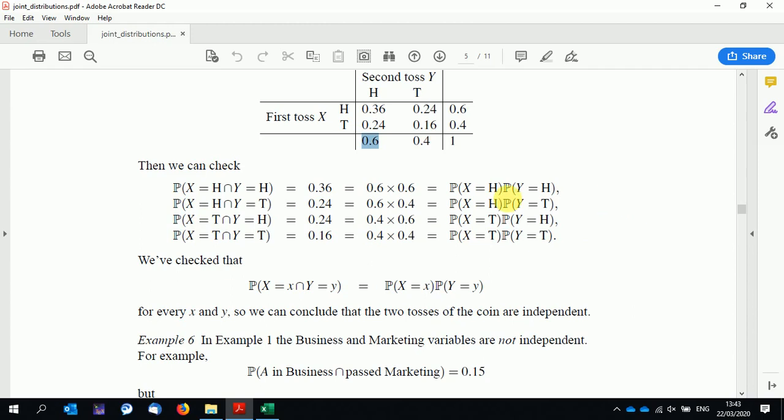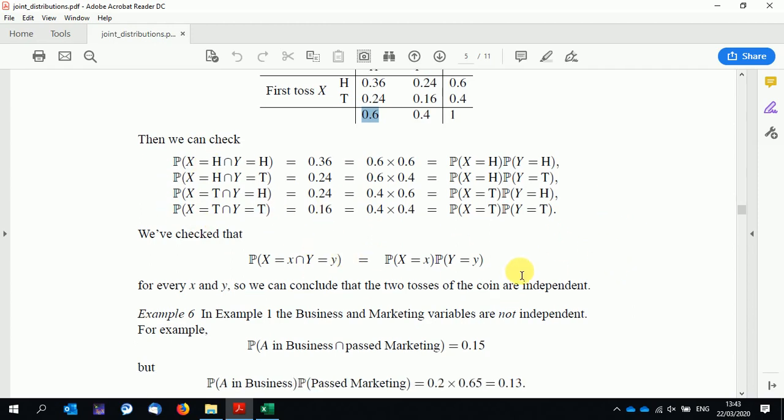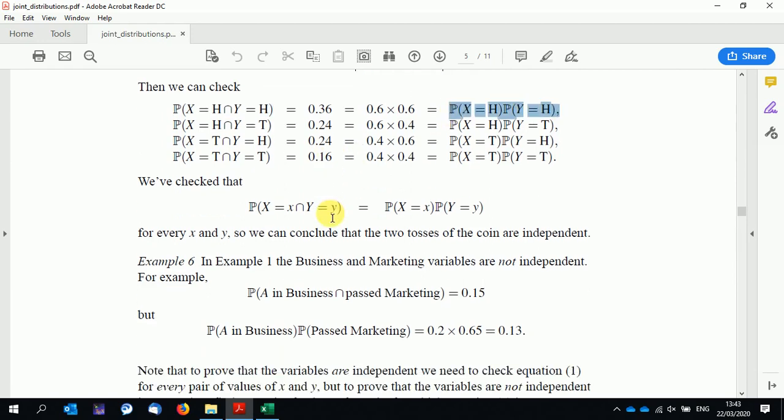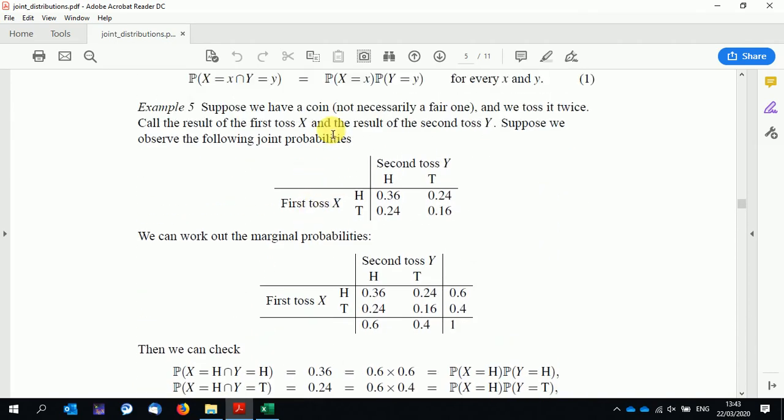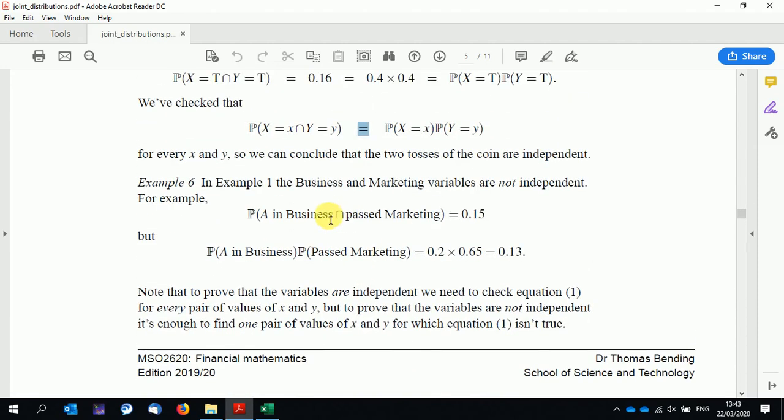So for all of them you have to check that the answer on the left equation is the same as the right equation. Hence if they are the same, they are independent events. This works for the coin example. Clearly it doesn't work for the example that we've been discussing about business and marketing.